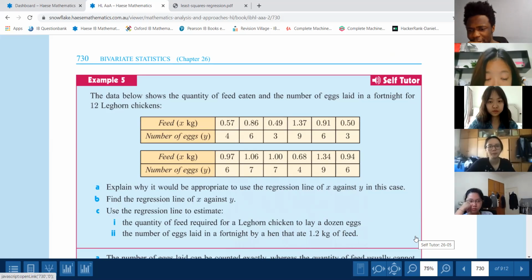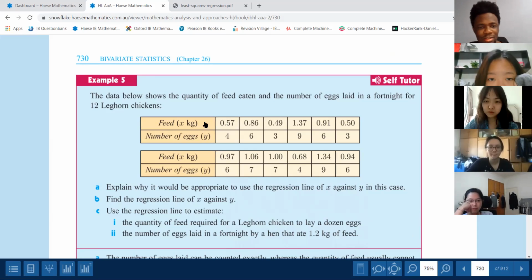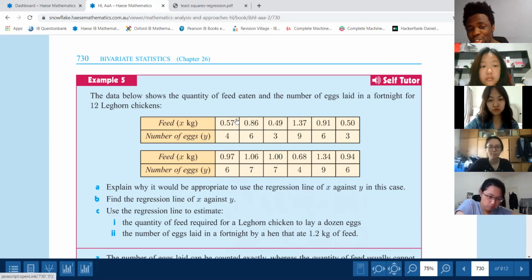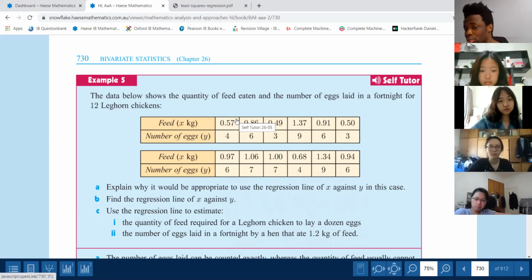It's not going to be precise data. But what about the number of eggs? You can always count the number of eggs that were laid, isn't it? But the decimals are just approximation. Maybe there were some 0.00011, which the scale wouldn't show for you.